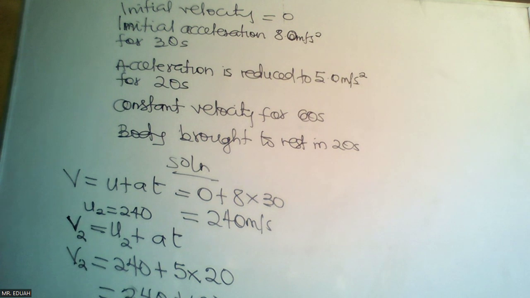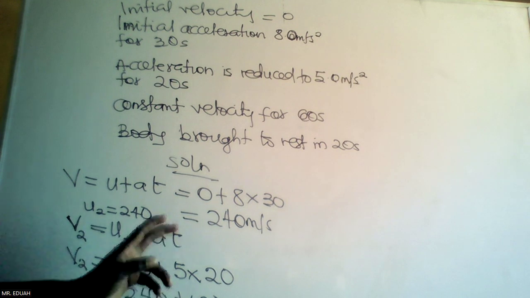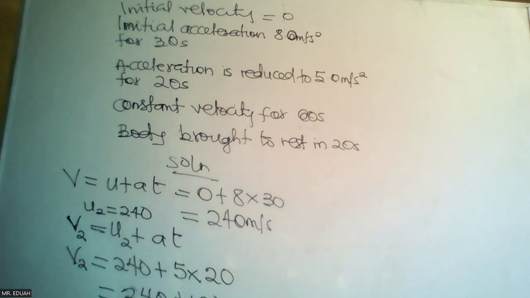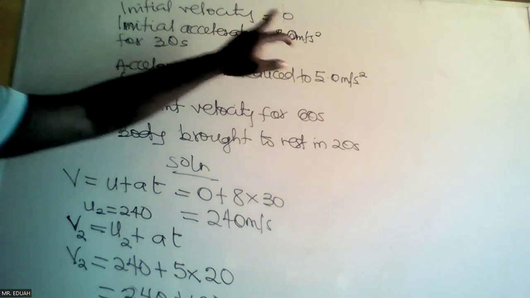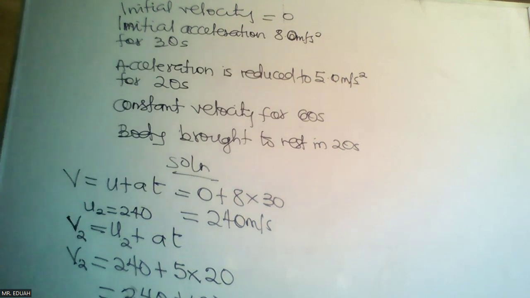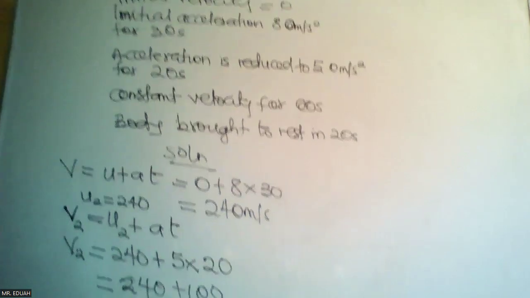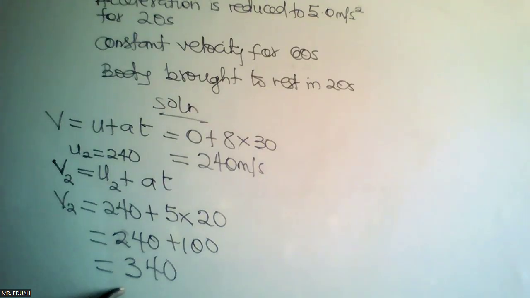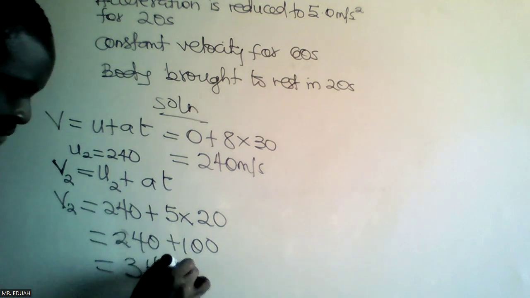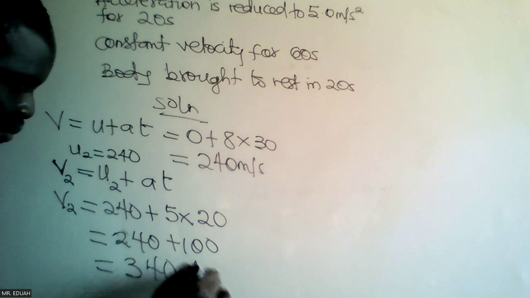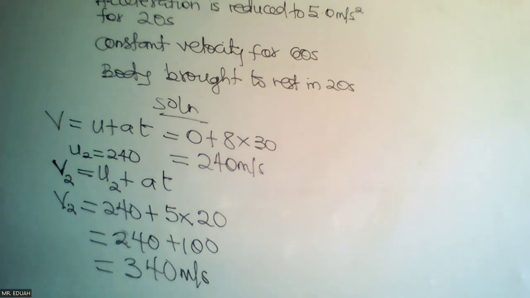So it implies that if he had not reduced the acceleration, then the final velocity would have been greater than what we have in this case. So this is happening because he had reduced acceleration. All right.